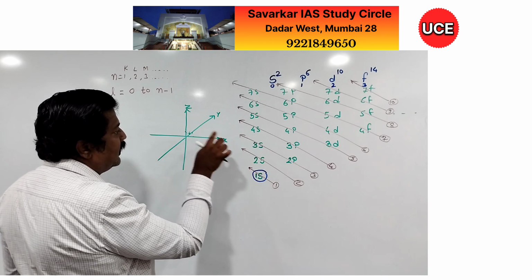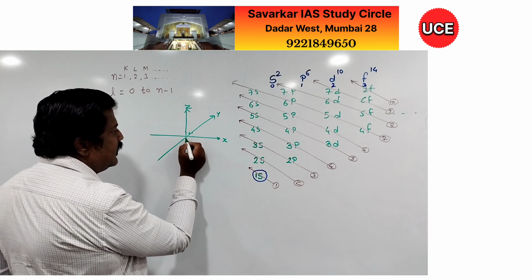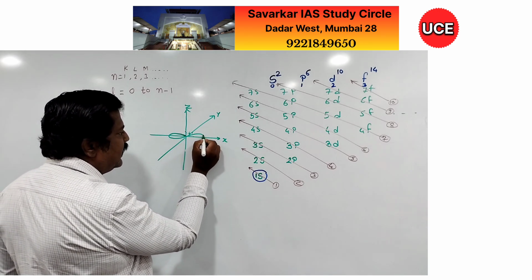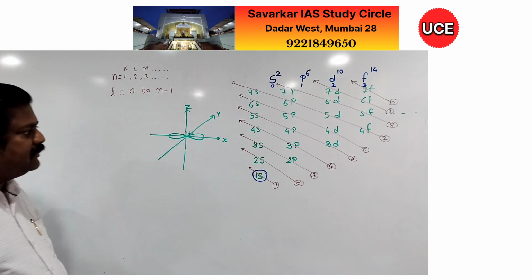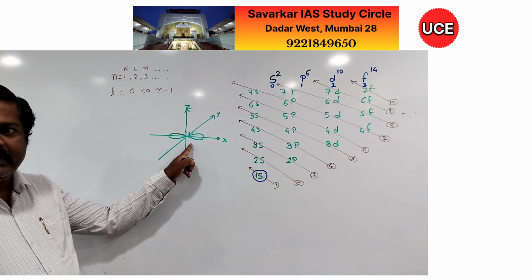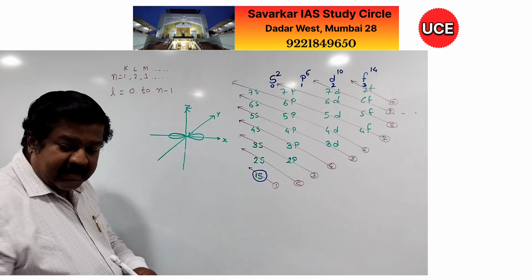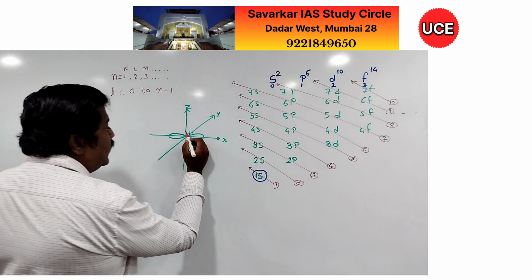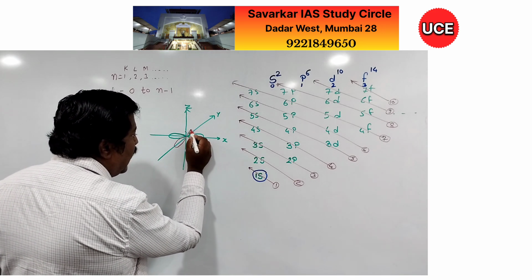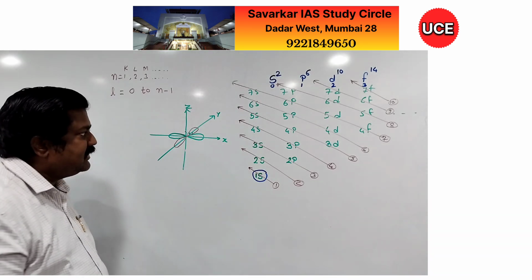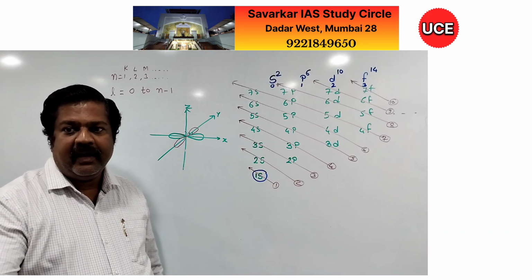So, if electron density is distributed along the x-axis, in case of p, then this is called the px orbital. If electron density is distributed equally along the y-axis, then it is called py.